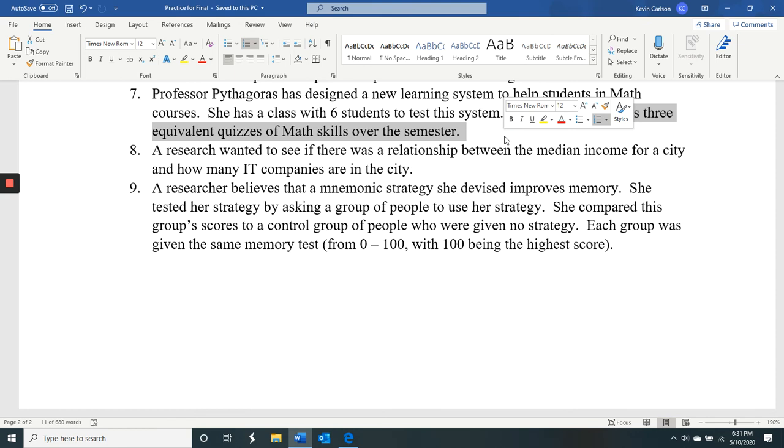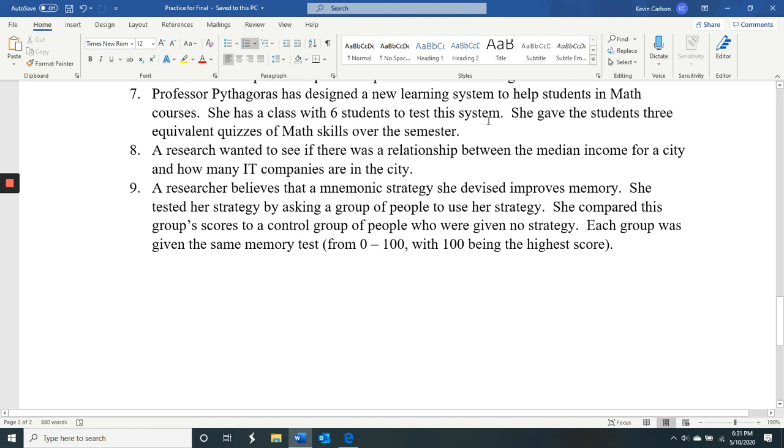So we have a variable with 3 levels, and it's a within subjects design because we've repeatedly measured the dependent variable here of the math scores. That's one variable. Is the 3 times, and then the math scores, which are ratio, is the other variable.